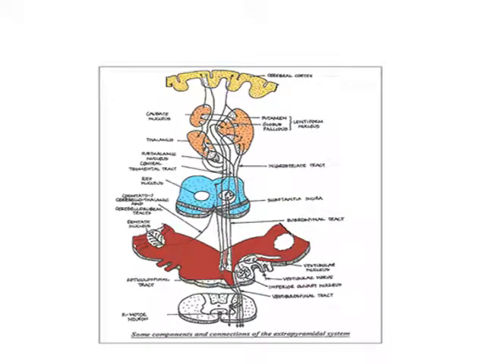These are the structures forming the extrapyramidal system. First, we have the cerebral cortex, the frontal part of the cerebral cortex. Then we have the lentiform nucleus with its two parts, the putamen and the globus pallidus. We have the caudate nucleus. We have the subthalamic nucleus below the thalamus.